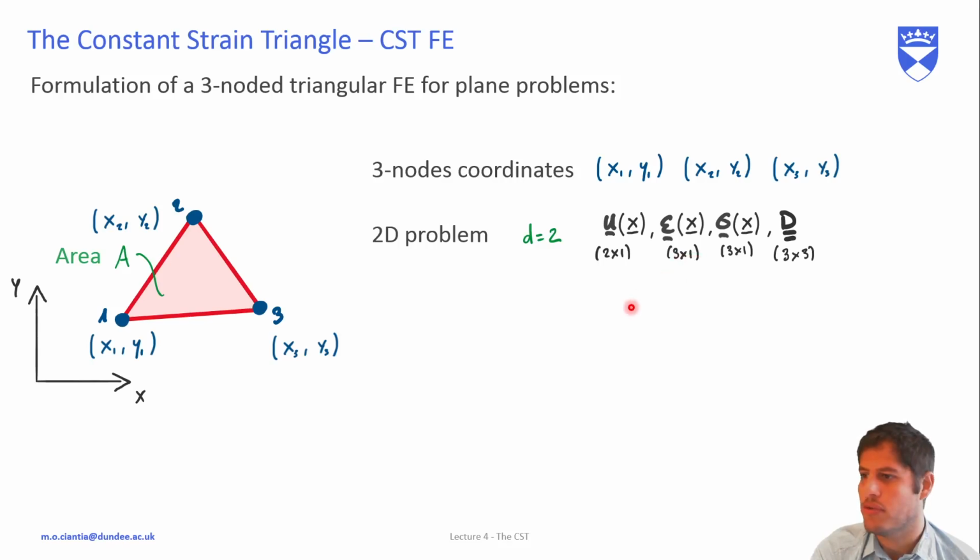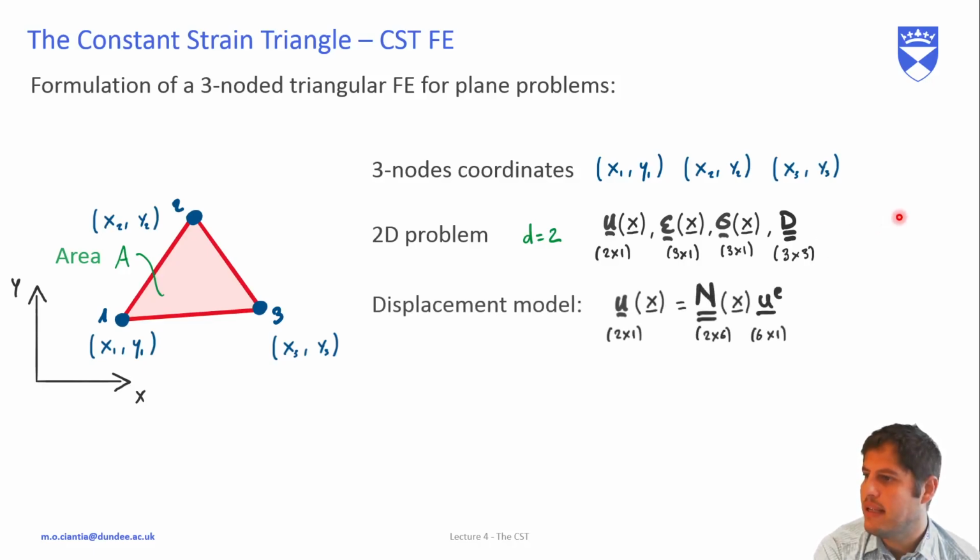The deformations will be a 3 by 1 vector: epsilon x, epsilon y, and gamma xy, hence stresses 3 by 1: sigma x, sigma y, and tau xy. And the stiffness matrix for 2D problems, we've seen plane stress and plane strain, is a 3 by 3 matrix.